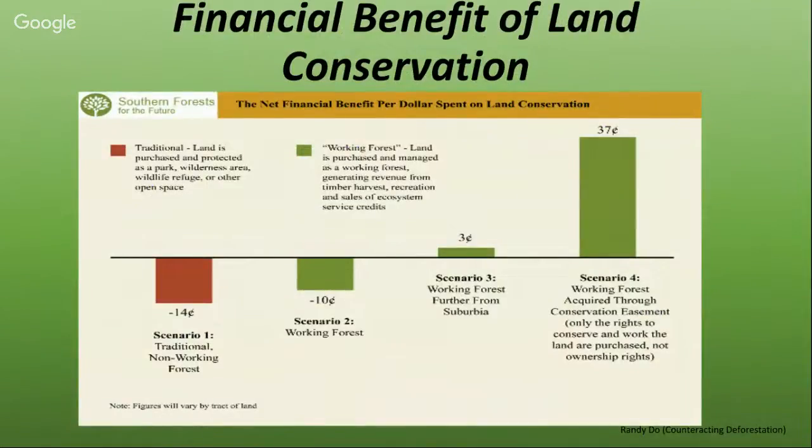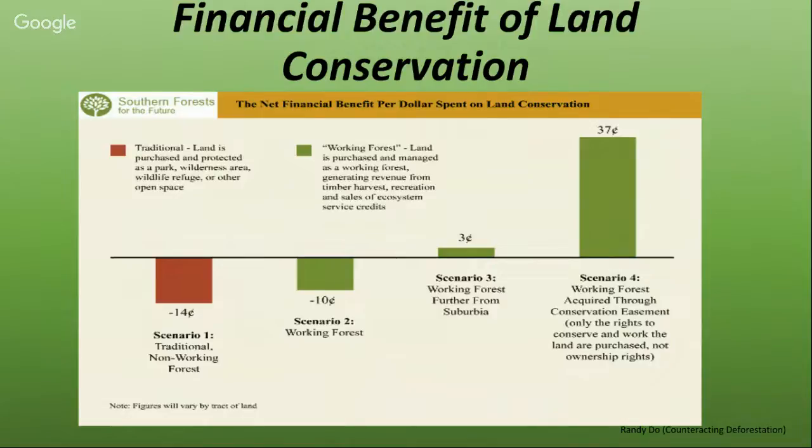And this graph is basically how land protection can save and even make money. Red is the traditional, in which land is purchased and protected as a park, wilderness area, wildlife refuge, or other open space.